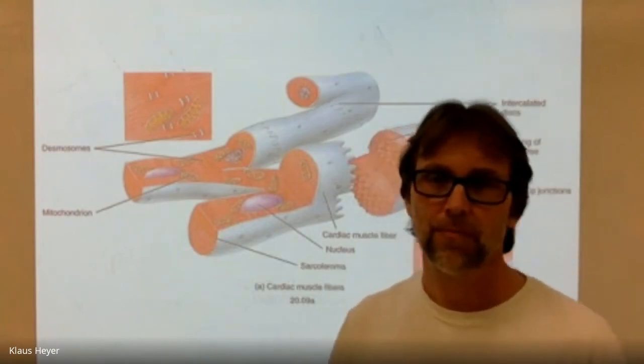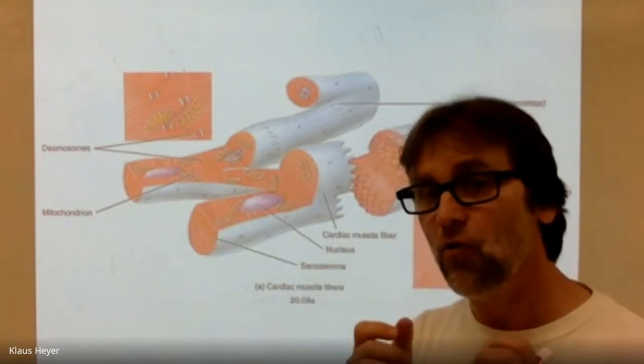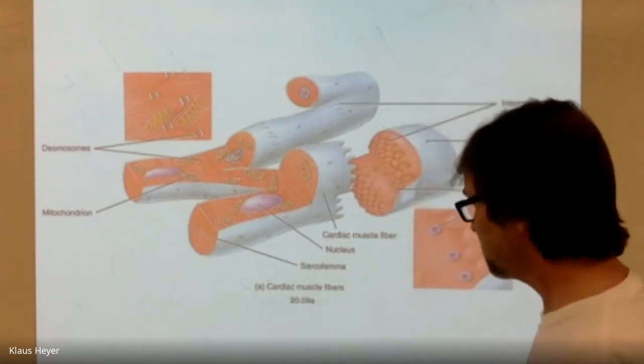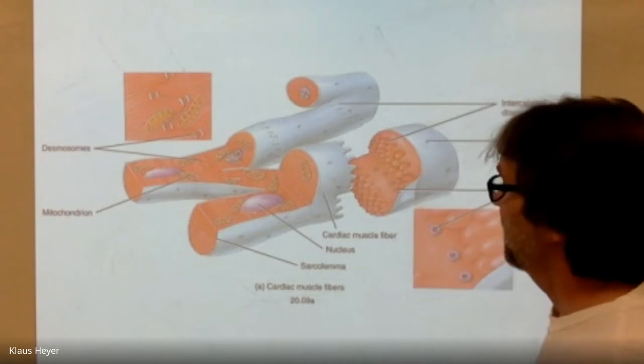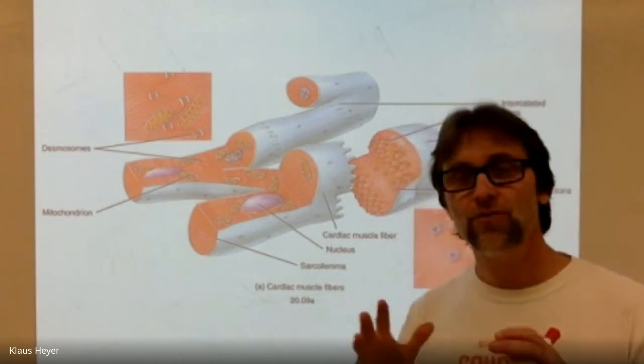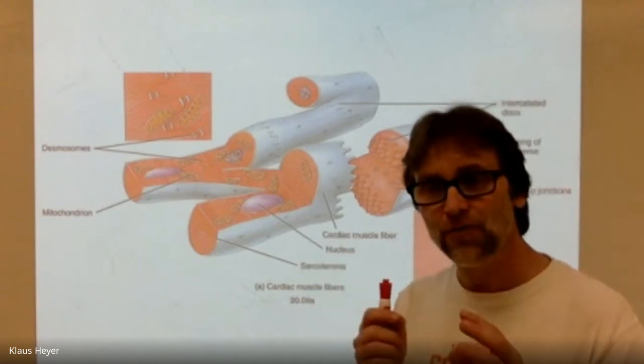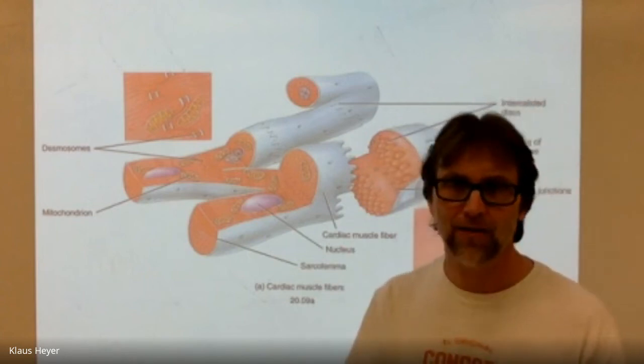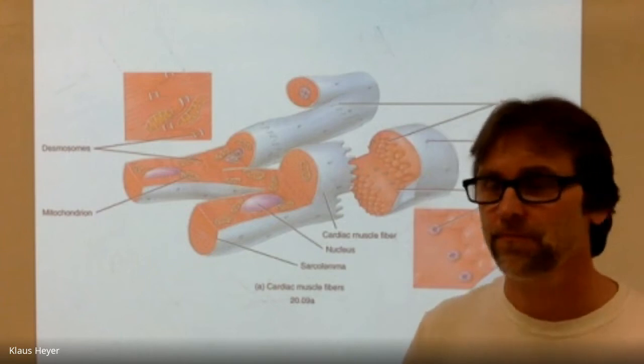But the heart makes its own, it's got its own pacemaker. And then the other thing is that it works in unison. The atria contract, then the ventricles contract, then the whole heart relaxes, and then we start over.